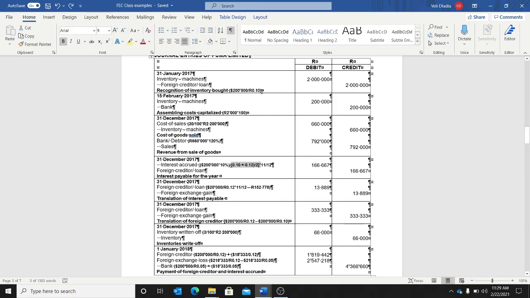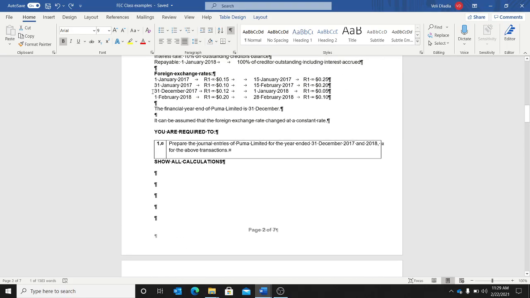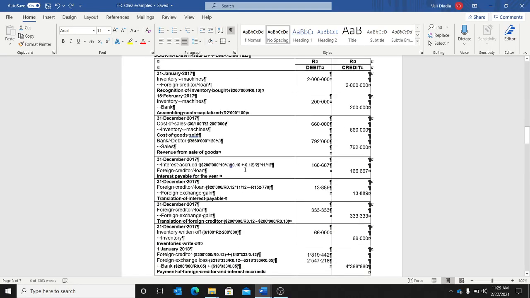Now, 0.10 comes from the transaction date. By the date when we are calculating interest, which is 31 December, your rate at 31 December is this one here, 0.12. So, average rate is between two figures, this plus that divided by 2. That's what we call average.